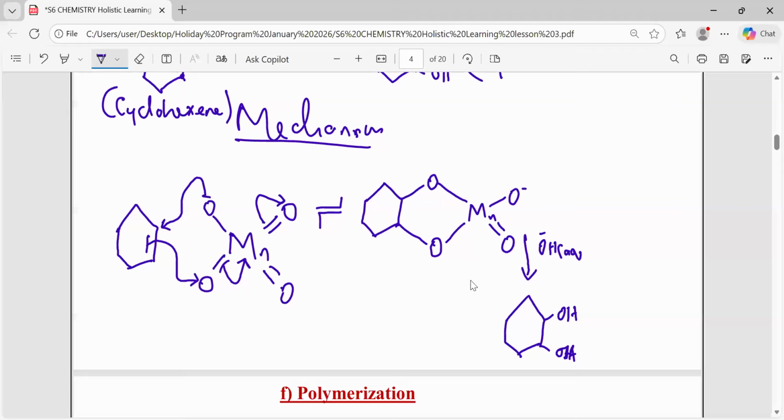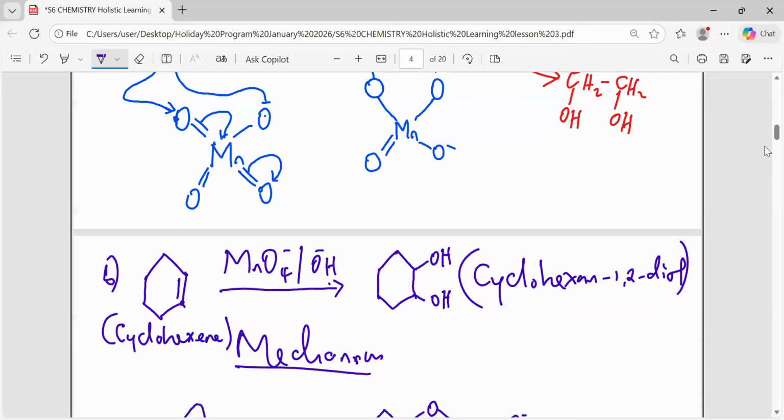I believe now, if we are to talk about anything about oxidation or reaction with potassium permanganate, we are able to do that very well. Just going back for a simple highlight, and we move on.